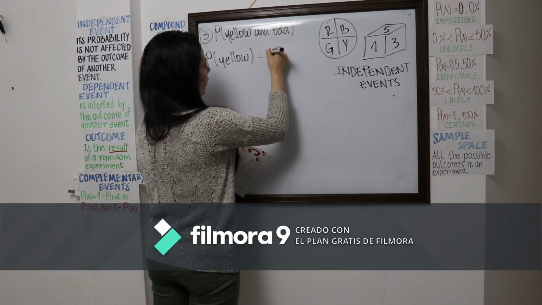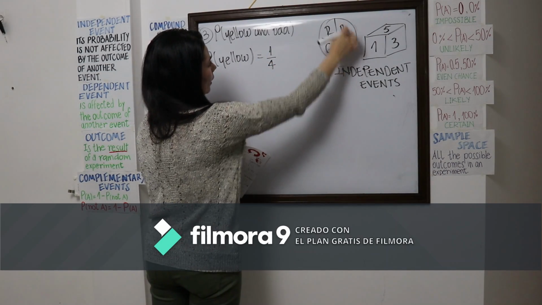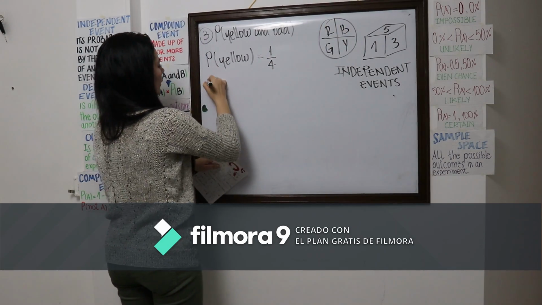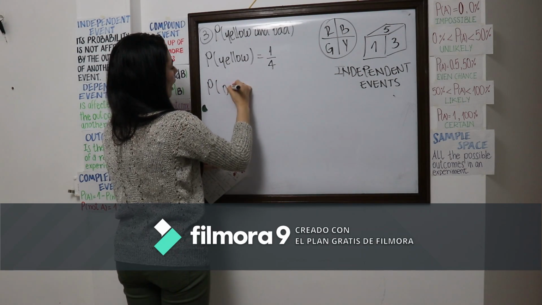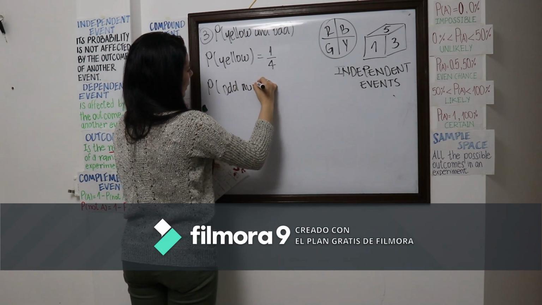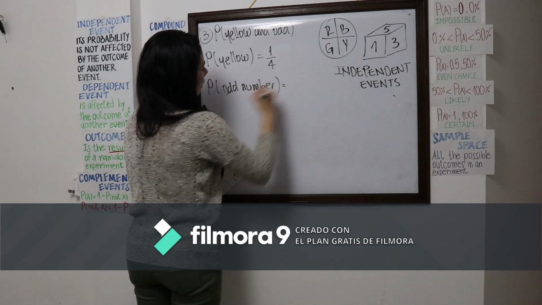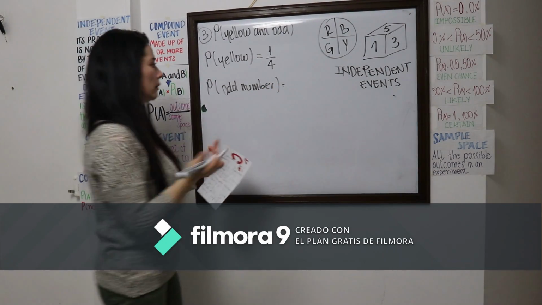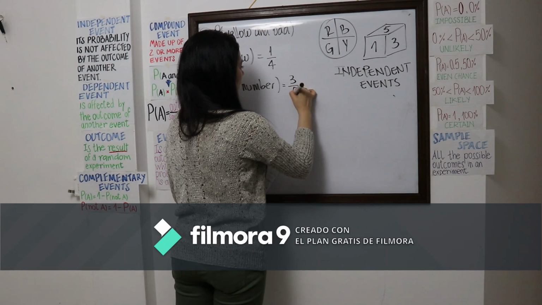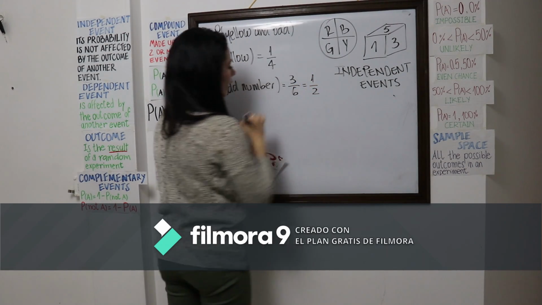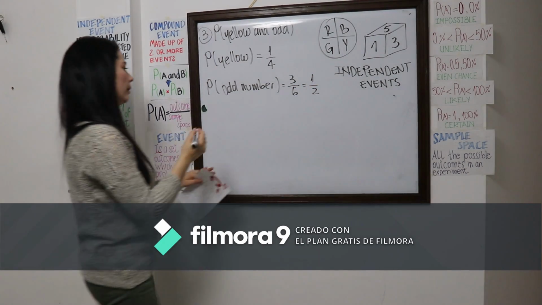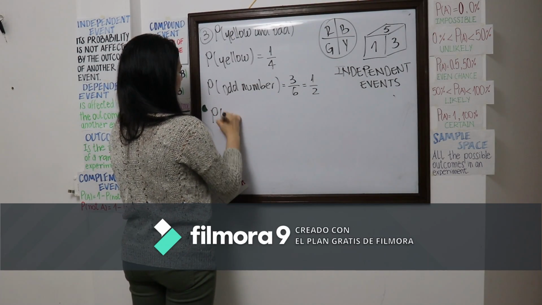So I know it's going to be 1/4, right? 1 out of 4. And then I'm going to get the probability of getting an odd number in the die, when I'm rolling the die. That, of course, is going to be half, right? So 3 options out of 6. And you know what? I'm going to simplify it right away. That way, it's going to be easier for me.